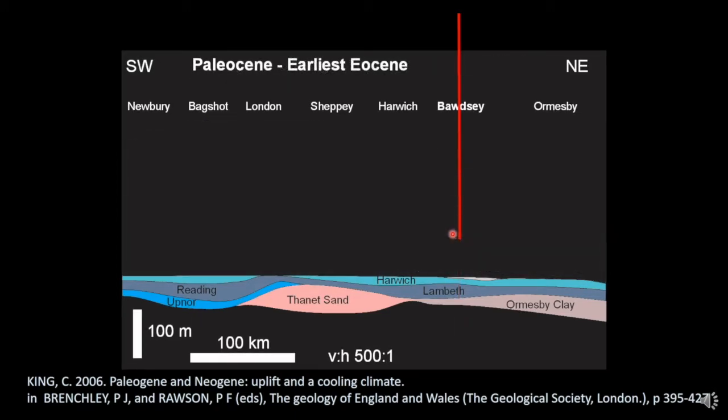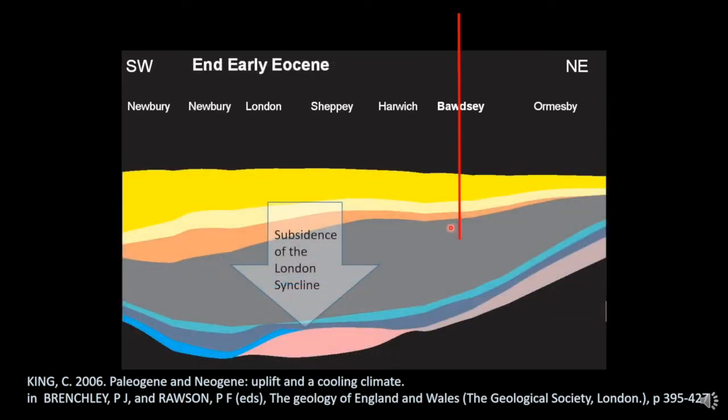Start off with the Paleocene transgression, the Thanetian Thanet sands, no coincidence there, to the south of us, clay to the north, the Harwich member, that's clay. On top of that, with subsidence of the London syncline and deposition of the London clay during the early Eocene.